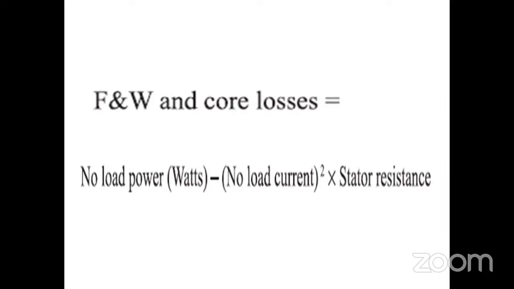In that case, what the stator draws is the no load current. No load current square into stator resistance will give us the stator I square R loss. The total no load power minus stator I square R loss will give us friction and windage and core losses. Right, sir? Is there any doubt in this formula, sir? We'll be using this in problems.